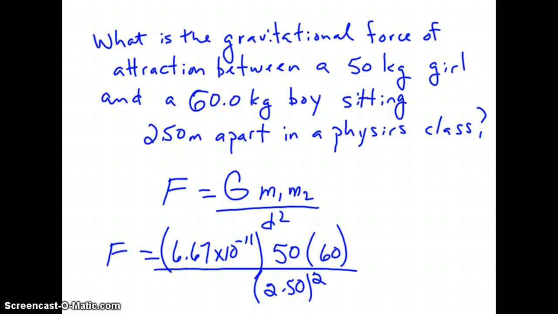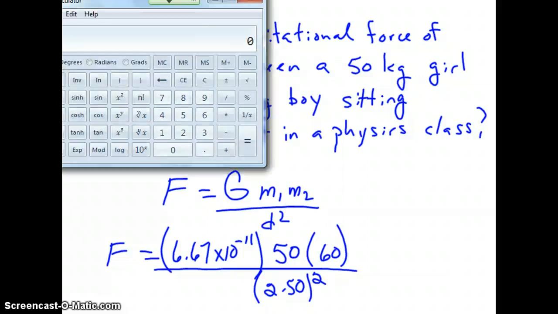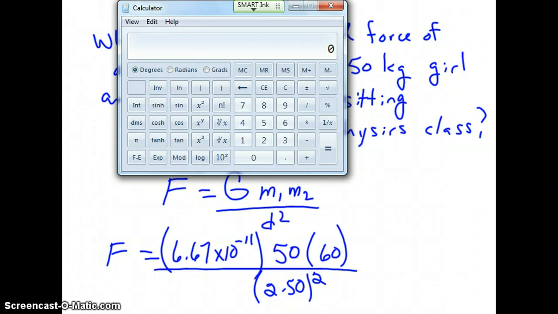All right, so now if we actually do the calculation, I'll take my numerator, 6.67 times 10 to the negative 11, times mass 1, times mass 2, divided by the distance between them squared.